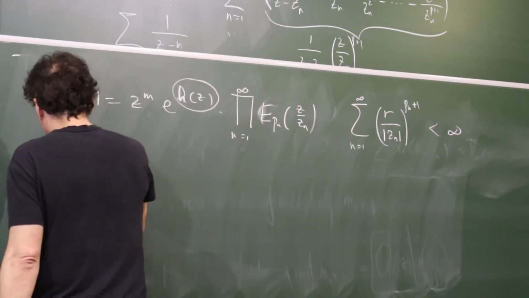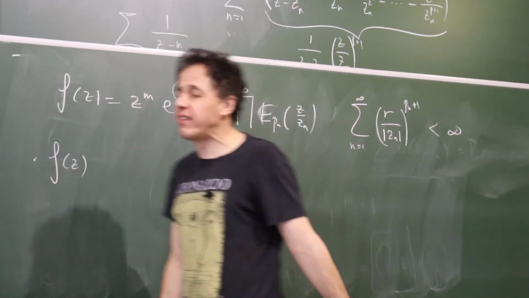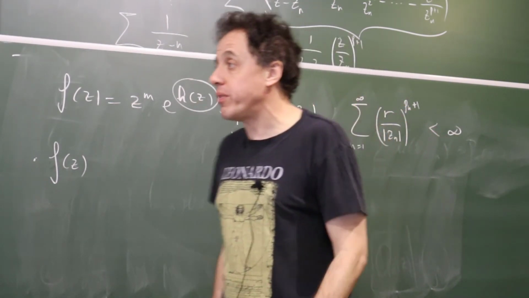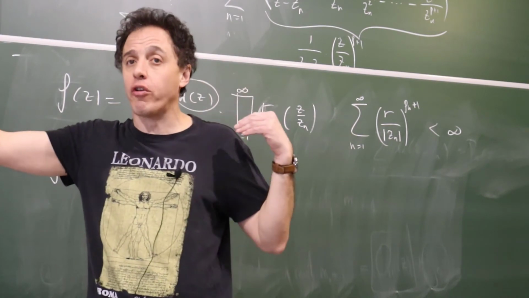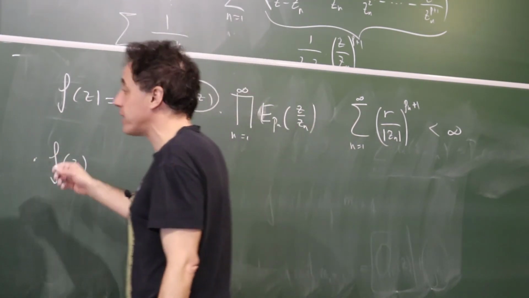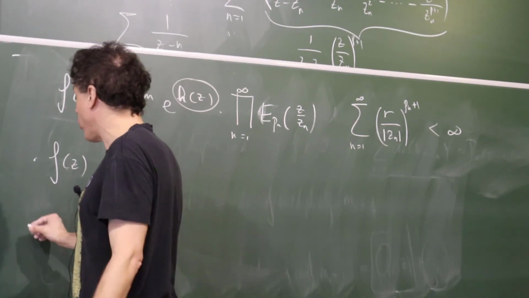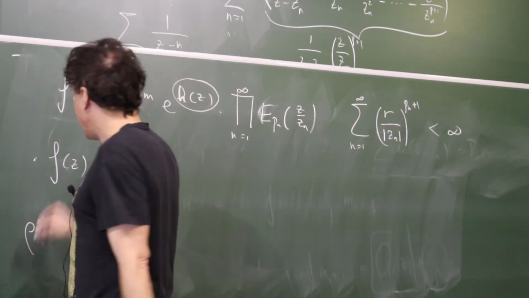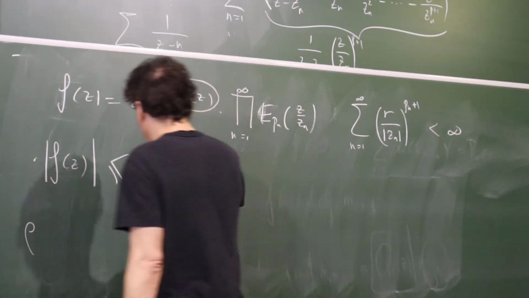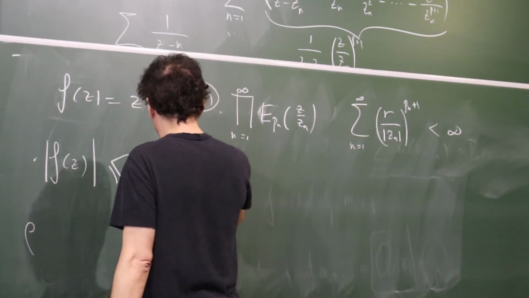If you have a holomorphic function, an entire function, you can define what is called the growth order at infinity of this function. It is said that a function has growth order of at most rho if this function can be bounded in modulus by something of the like.